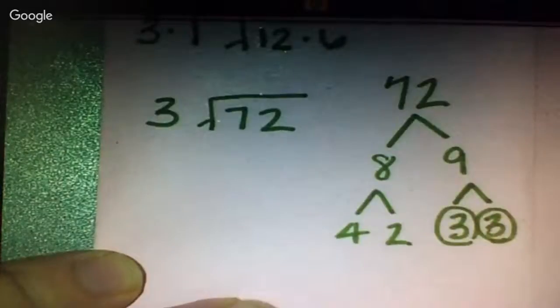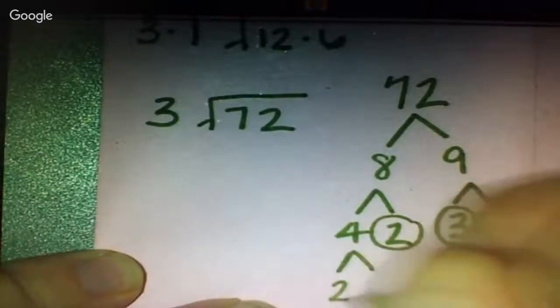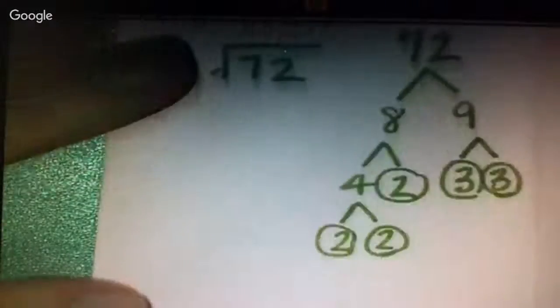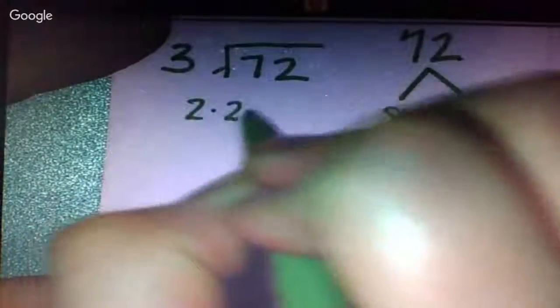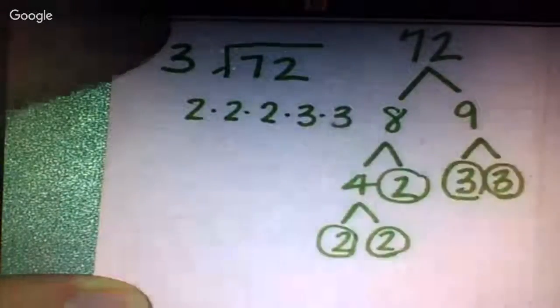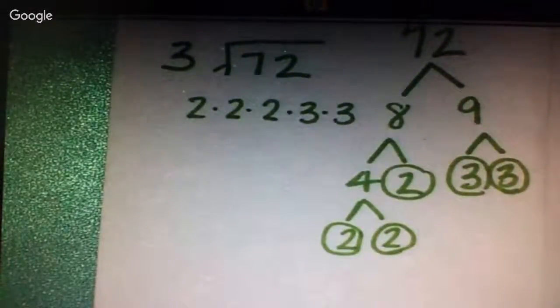Make sure all your numbers match mine when you're finished. The 4 breaks down into 2 and 2. So this means that my factors are 2 times 2 times 2 times 3 times 3. We're grouping in 2s.